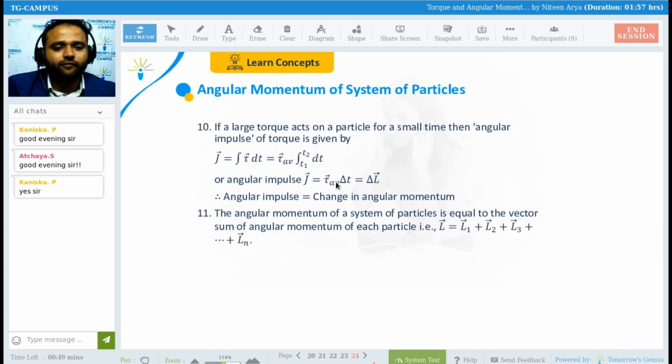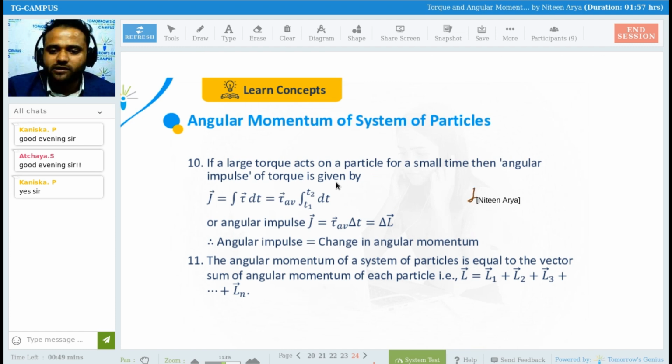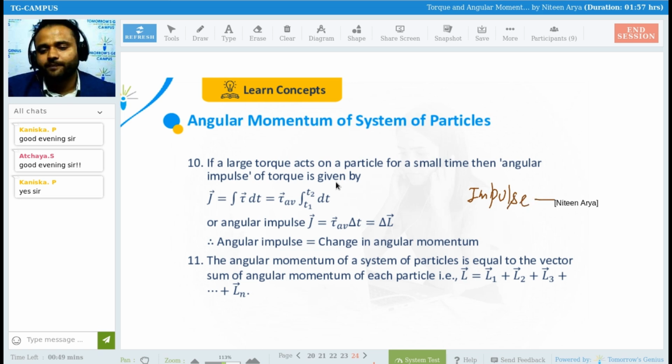If a large torque acts on a particle for a small time, then the angular impulse is given by J equals the integral of tau dt, or tau average, from T1 to T2. So that is the change, as we have impulse, right? What is impulse? A large amount of force for a small time.